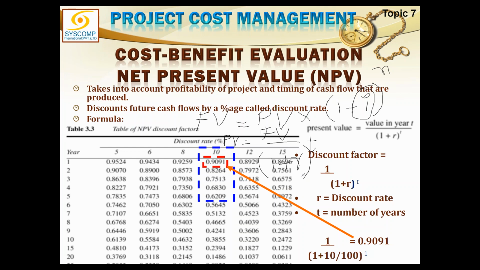The only difference is that when you calculate forward into the future, you apply interest rate. When you calculate backward from the future, the percentage is not called interest rate. In backward calculation, it is called discount rate.